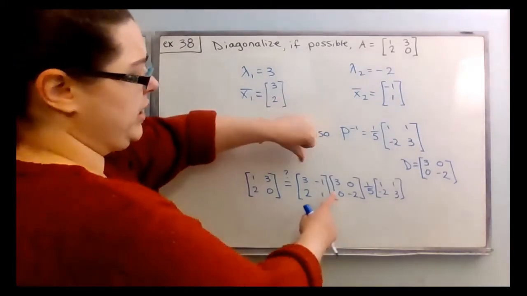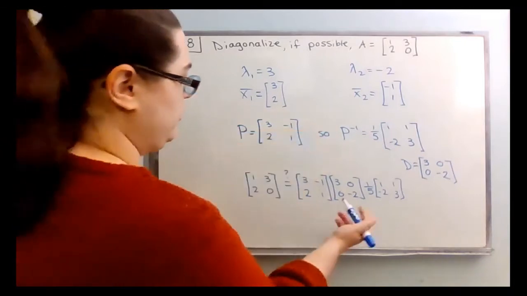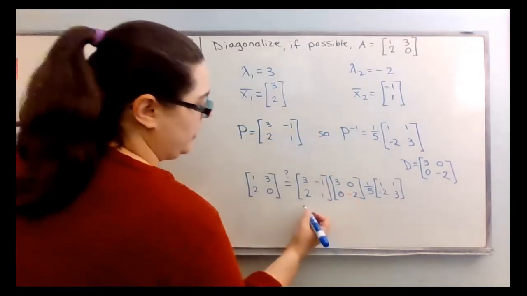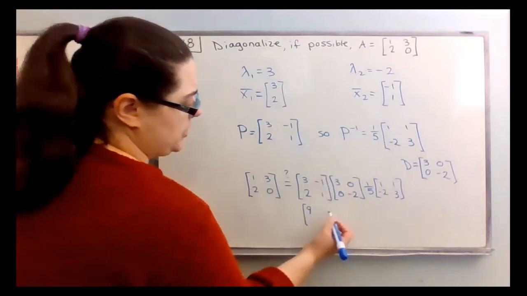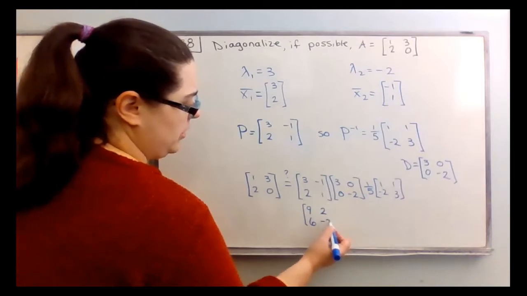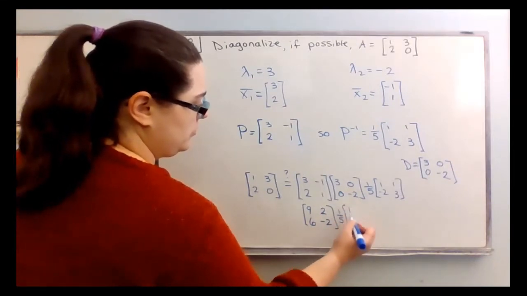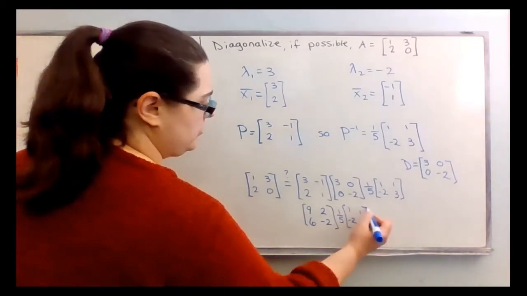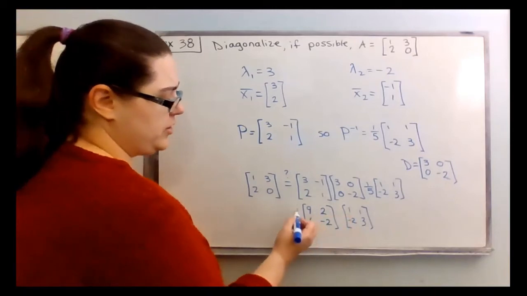If I multiply, I get 9. This was a 0, so we get 9. Then we're going to get 0 plus 2, 6, and -2. So I'm going to bring this coefficient of 1/5 out to the front.